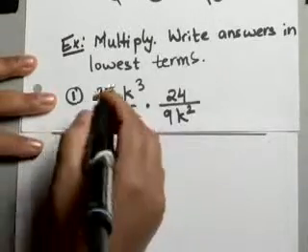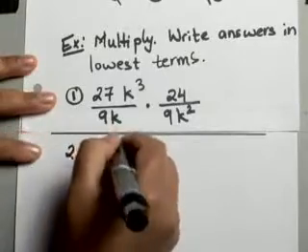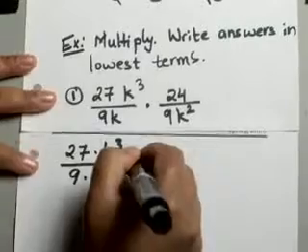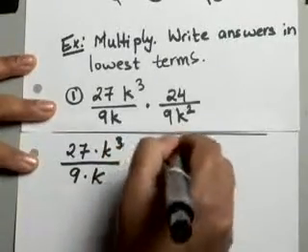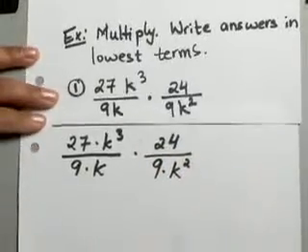So we have 27 times k to the third over 9 times k. On the other side you have 24 over 9 times k squared.